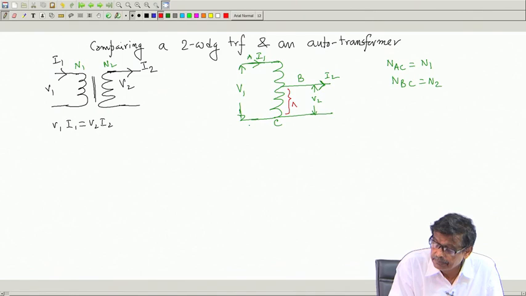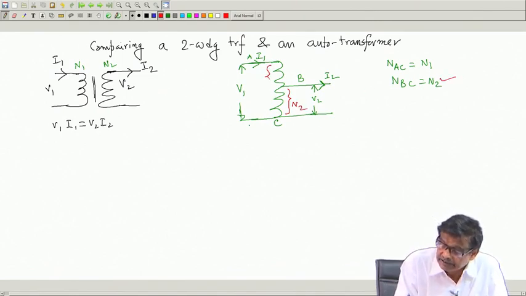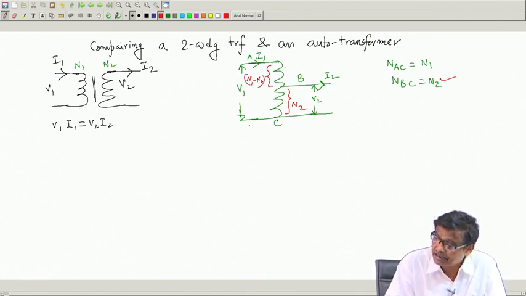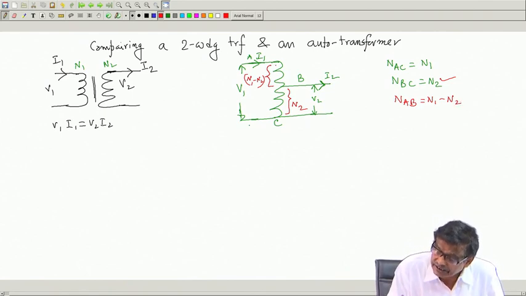N BC is N2. The number of turns present here between A and B is N1 minus N2. So, N AB is equal to N1 minus N2. Mind you, the dots are here, this is dot, this is dot.